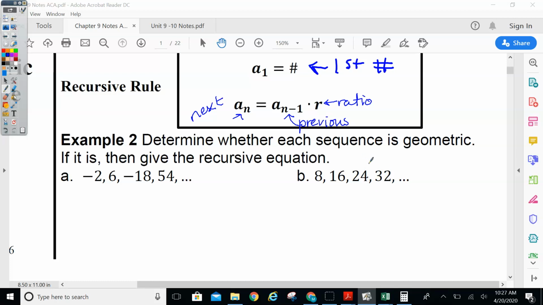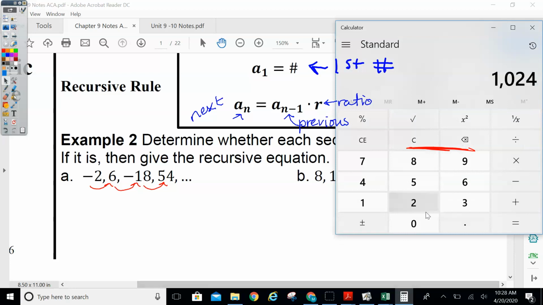Determine whether the sequence is geometric, and if it is, write the recursive equation. For it to be geometric, that means that we multiply by the same number each time. From here to here, here to here, here to here, we have to be multiplying the same number. The way we figure it out is, you can guess and check numbers to see which one multiplies, or you can just divide. So here, 6 divided by -2 is -3. So it's times -3.